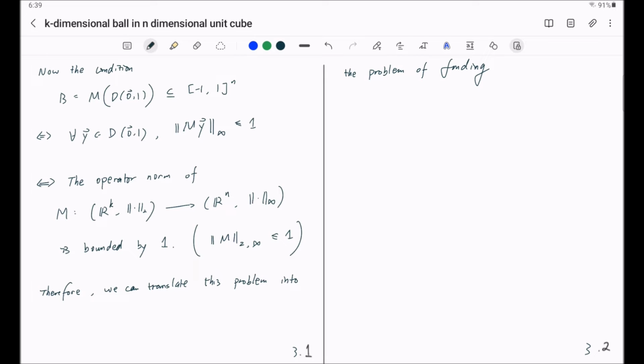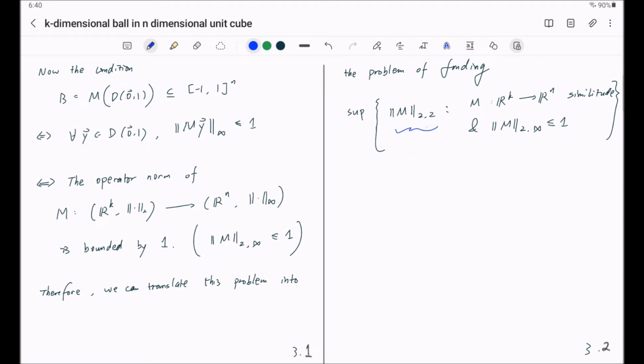So this is equivalent to finding this quantity, the supremum of the operator norm of M with respect to the 2 norms on Euclidean space, where M from Rk to Rn is a similitude, and the operator norm with respect to the 2 norm and infinity norm is bounded by 1.